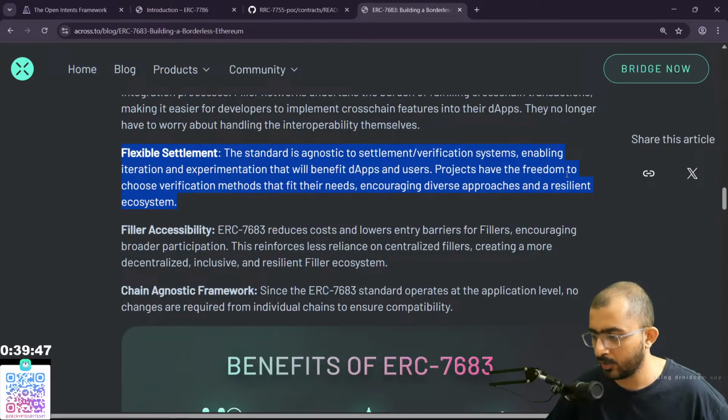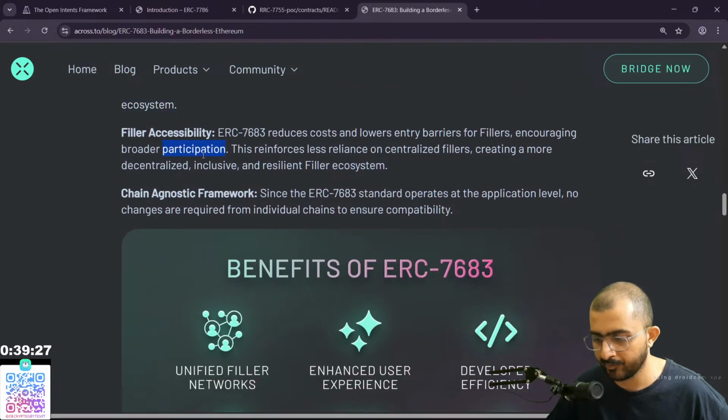Projects have the freedom to choose verification methods that fit their needs, encouraging diverse approaches and a resilient ecosystem. I'm not sure what this means, but let's see.